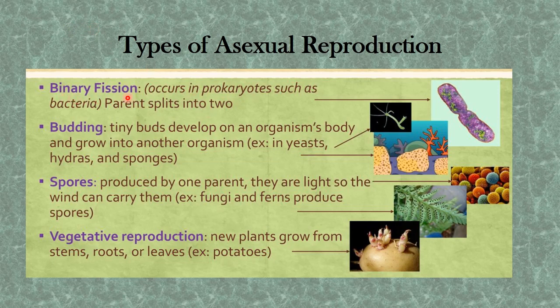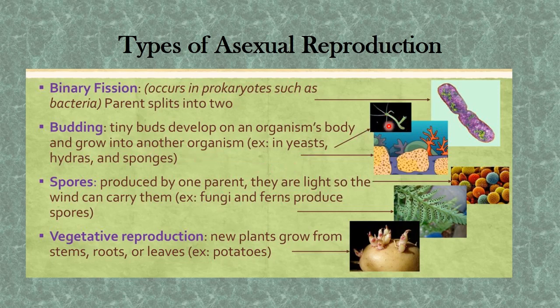We have what we call binary fission, which occurs in bacteria. In this case, the parent splits into two identical offspring, as you see here in this particular bacteria. Another type is what we call budding. In budding, tiny buds develop on an organism's body and grow into another organism.